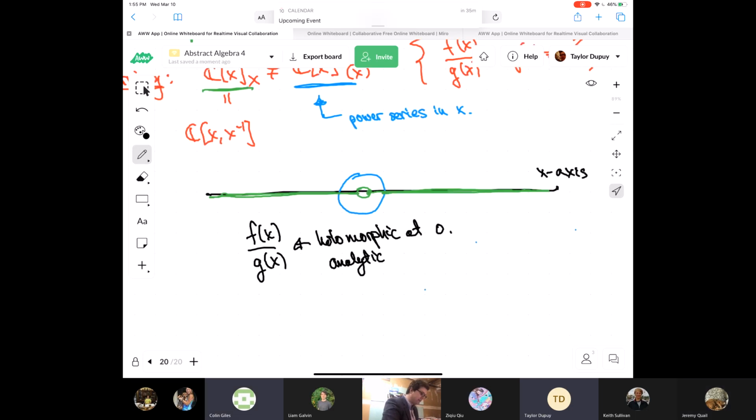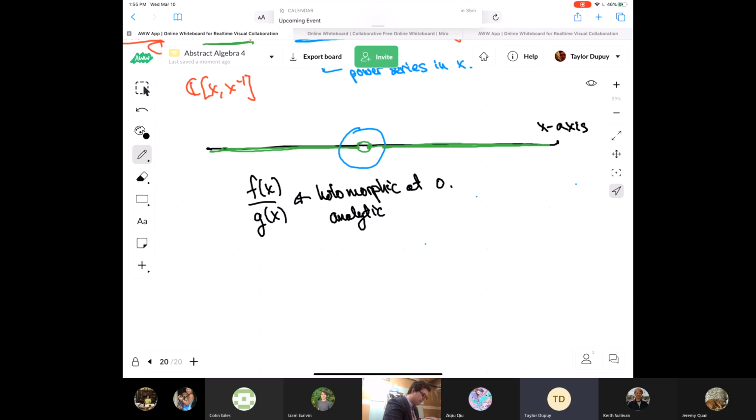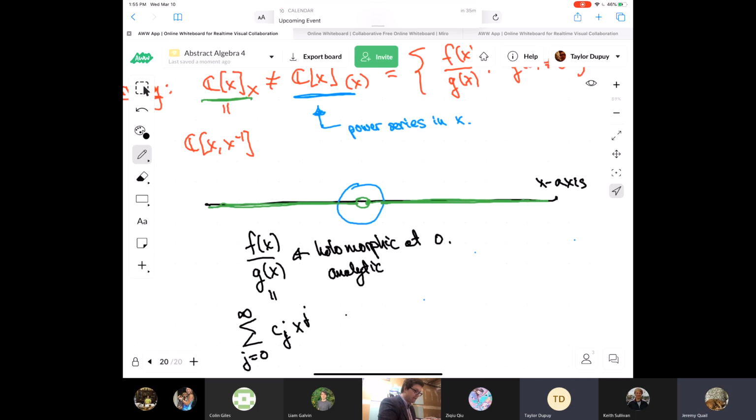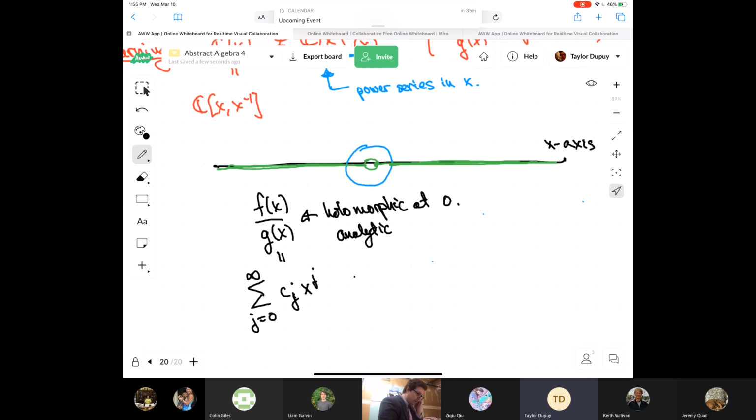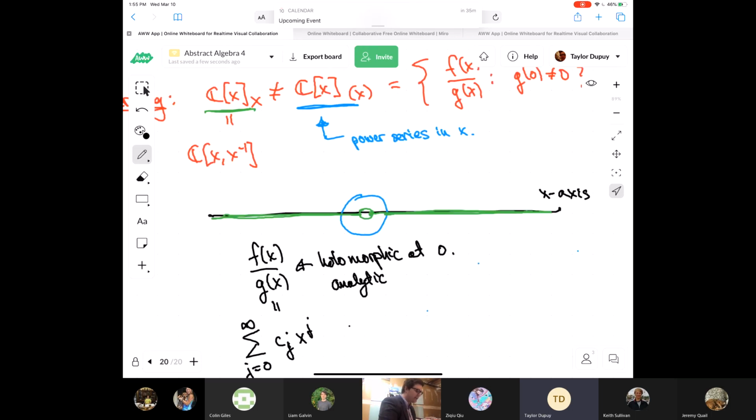So it has a power series expansion. This thing looks like the sum of Cj x to the j, j equal to 0 up to infinity, for some Cj's. It has a power series. And if you were to truncate the power series, then you would get a tangent space. So this is kind of like some higher order tangent space.